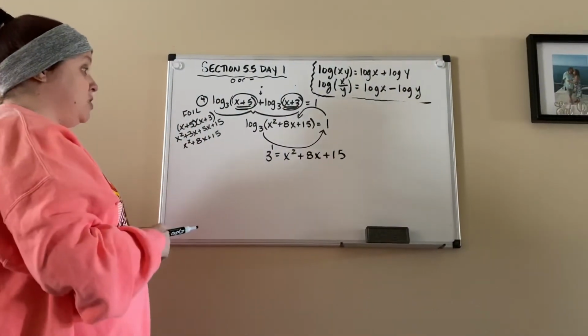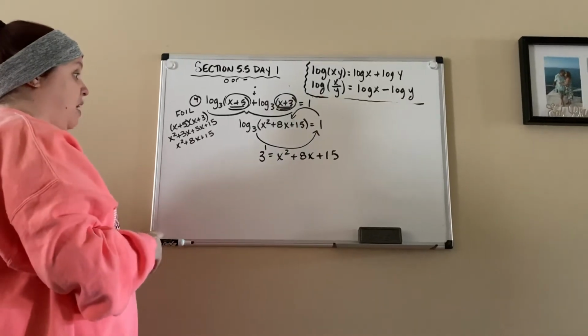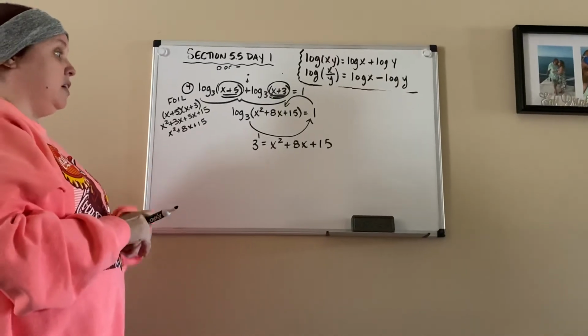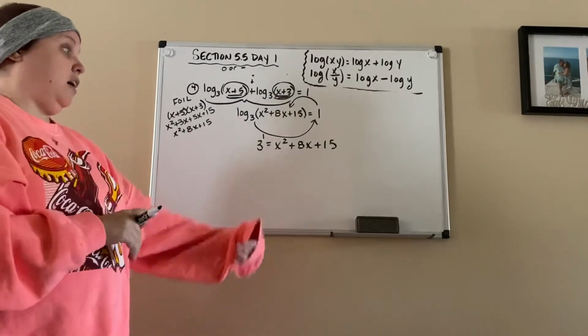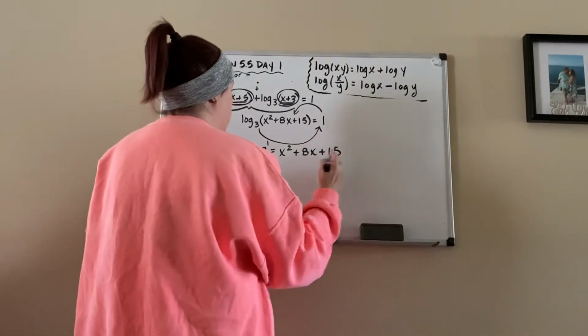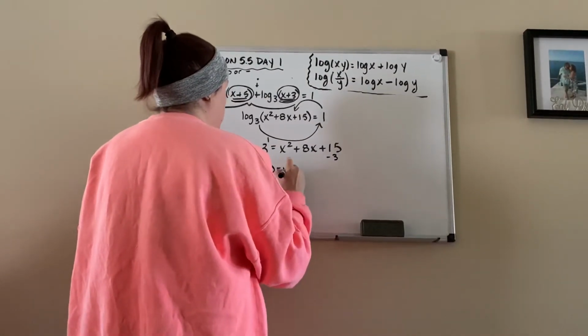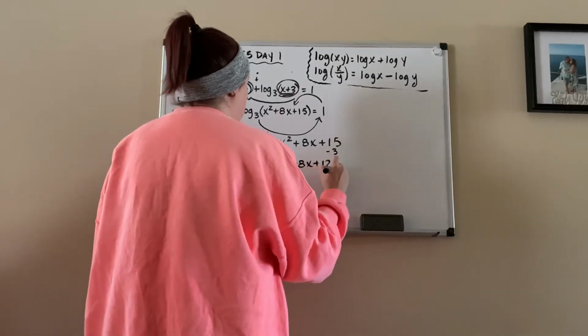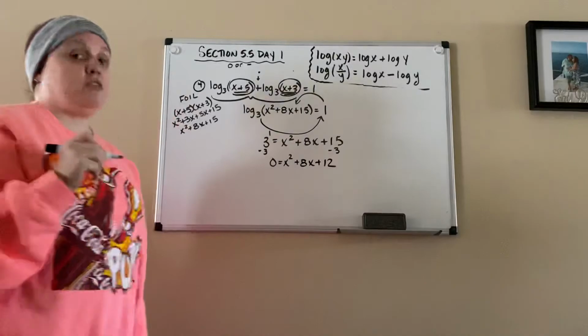So what am I going to do in order to get this to solve out nicely? So what should I do with this 3? Subtract it to the other side. So I'm going to subtract this 3 to the other side and get 0 equals x squared plus 8x plus 12. Then it's a simple factoring problem.